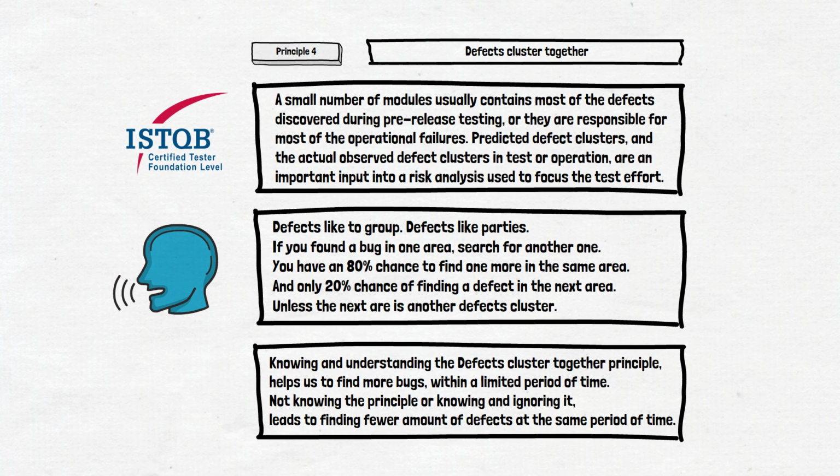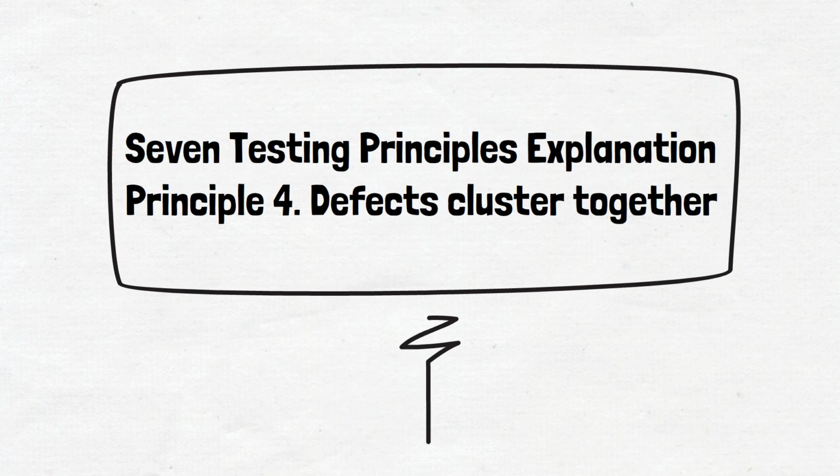That's all we wanted to share about Principle 4, defects cluster together. You can stop the video and read the ISTQB definition in our translation into human language. And that's our answer to the question 7 Testing Principles Explanation, Principle 4, defects cluster together.